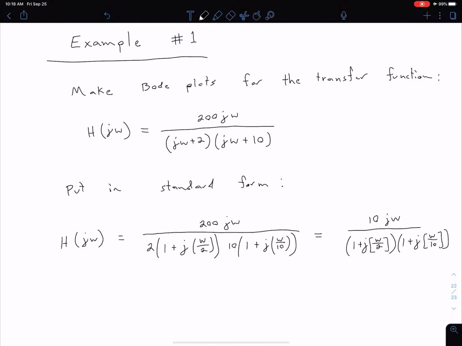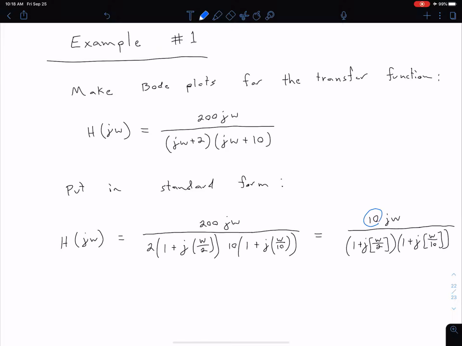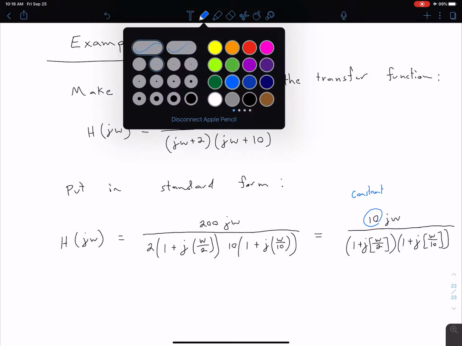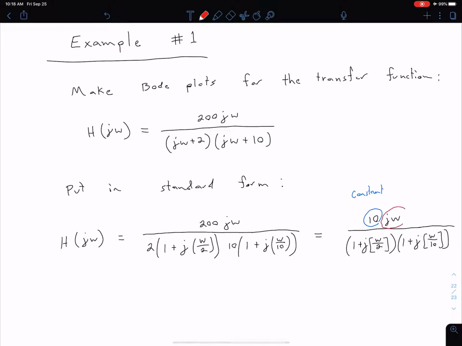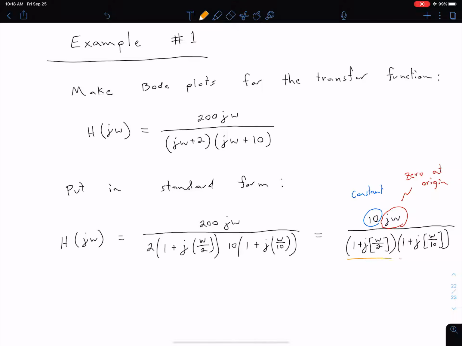Now we've got everything in a form that looks familiar. Let's label some of these things. Here we have our constant. Here we have a zero at the origin. And then in the bottom, we have 2 simple poles.